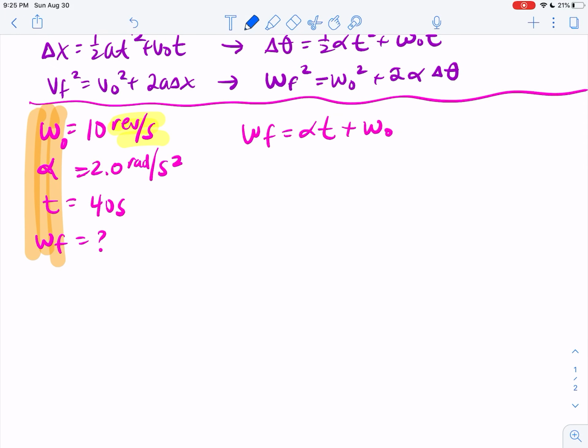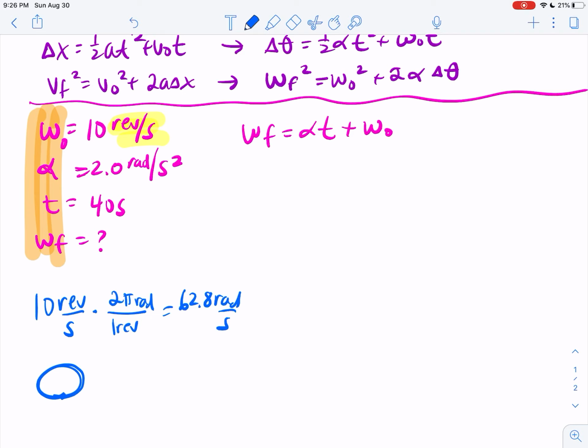Radians is kind of the common unit. So I'll have 10 revs per second. And then remember, once around the circle, 1 revolution is 2 pi radians. And then usually we don't leave these answers in pi. Sometimes you'll see them in pi, but not so much. 2 times 10 times pi. So this is going to be 62.8 radians per second, and that's what we're going to need to use.